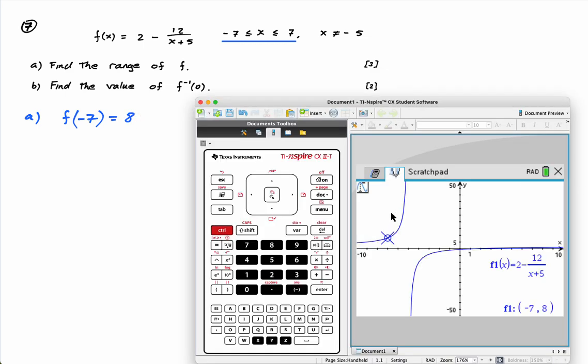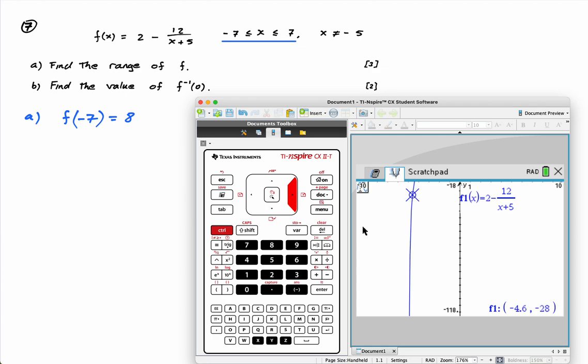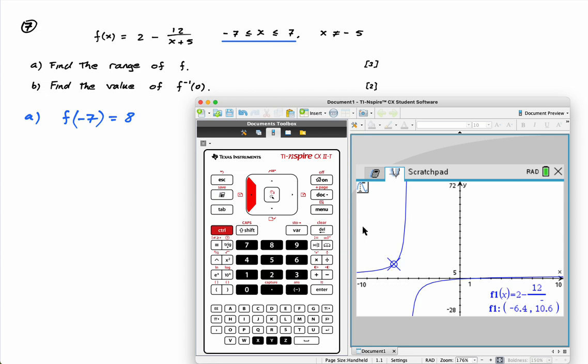Let's go back to this graph. So look, as I approach -5, this thing just goes to infinity. Now it's going to jump to this from my calculator, but this will actually go up to infinity.